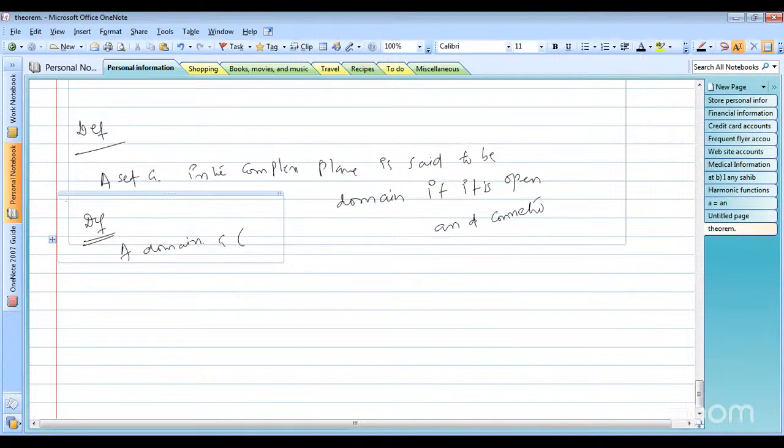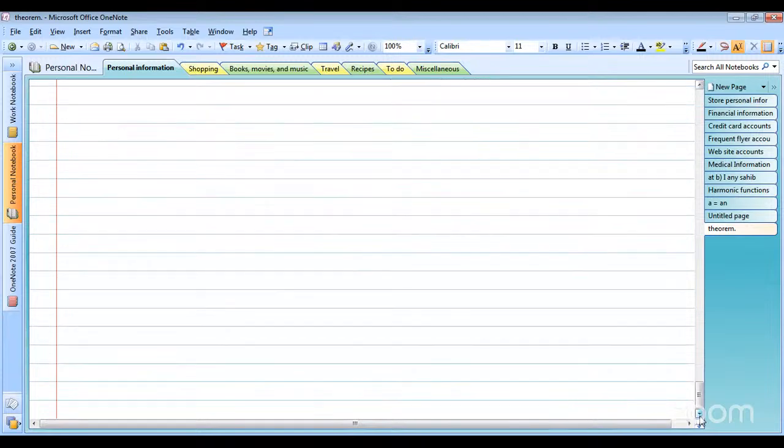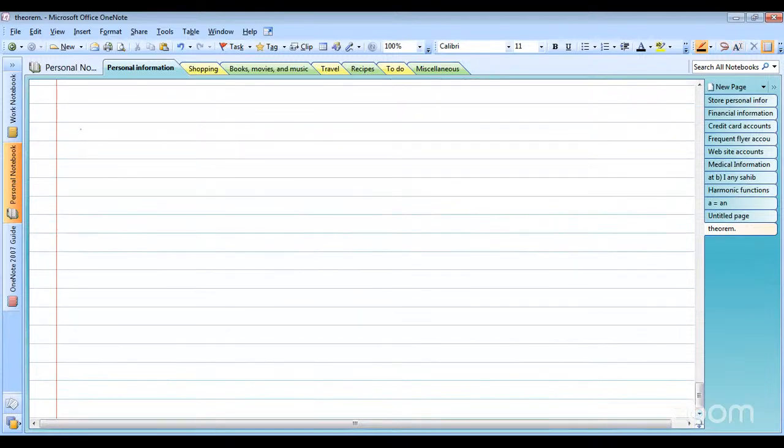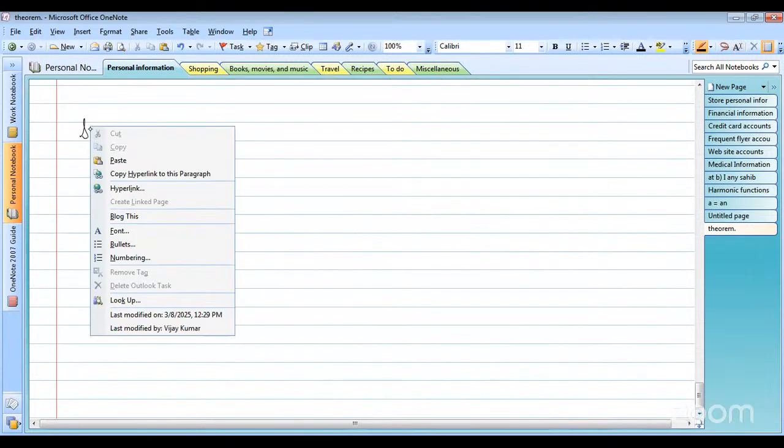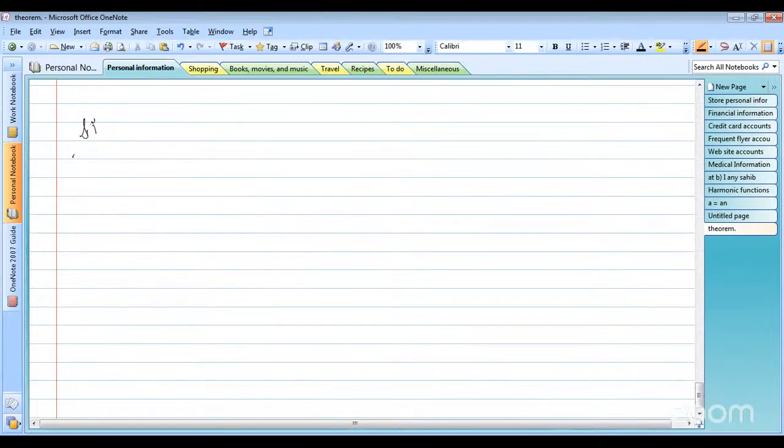A simple closed curve is defined as a Jordan curve. Next, the simply connected domain.